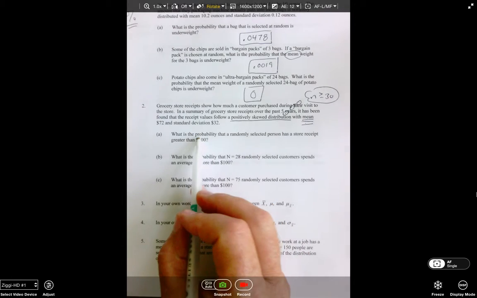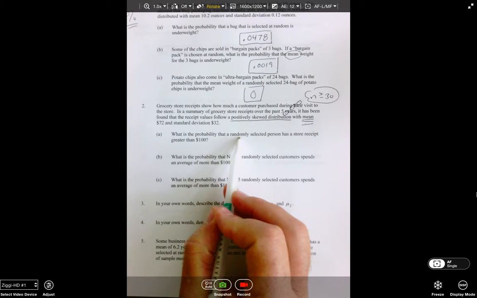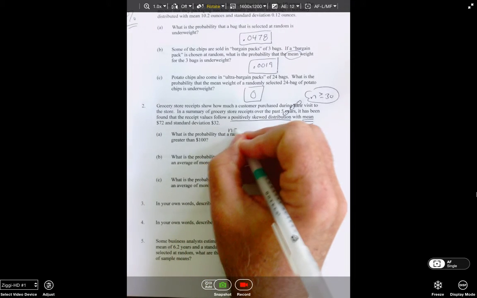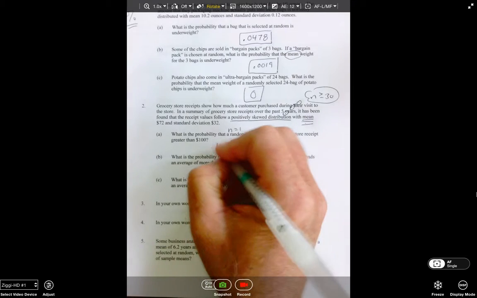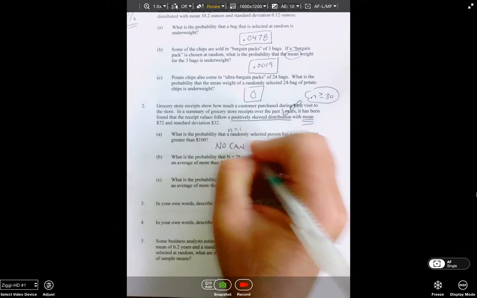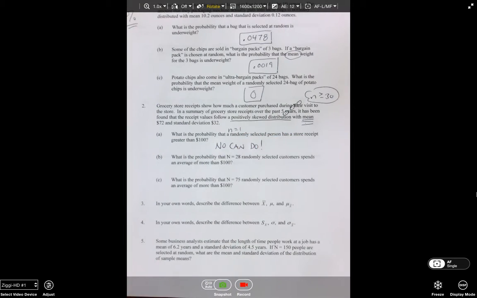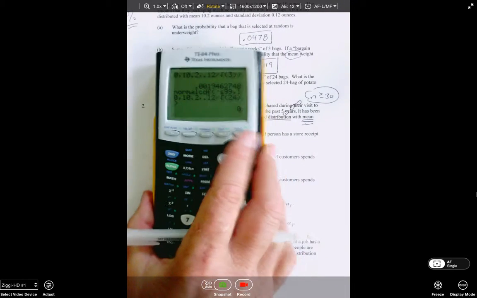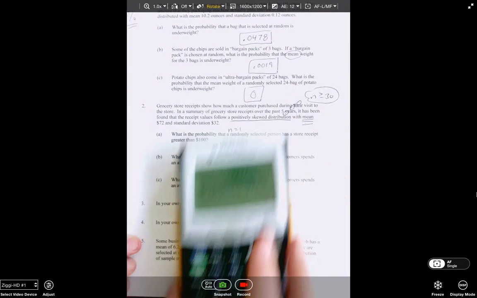So what is the probability that a randomly selected customer spends more than 100? Guys, this implies n equal 1. No can do. Sample size isn't big enough. And I don't know how many times I will see students pick up that calculator and I'll say, no, you can't work that problem.